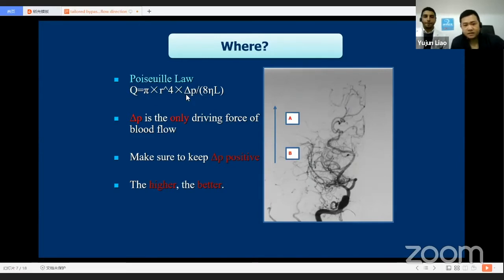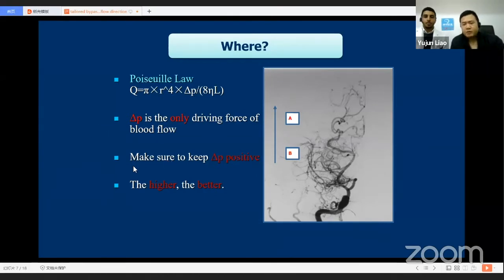The other one is the delta pressure, which is the pressure difference between the donor artery and the recipient artery. As you can see, the delta pressure is the only thing we can control in the operation, and it is the only driving force of the blood flow of the STA. So we believe the key point during the operation is to make sure the delta pressure is positive, and the higher the better.